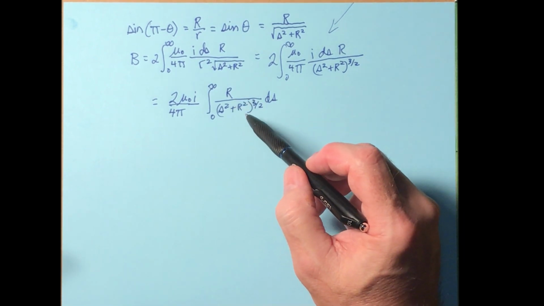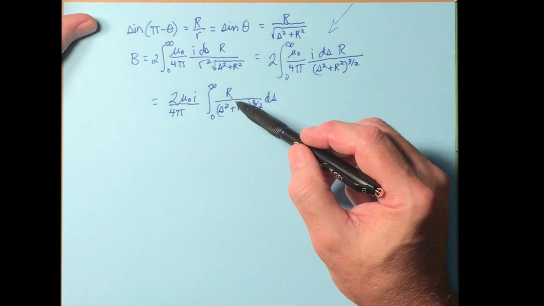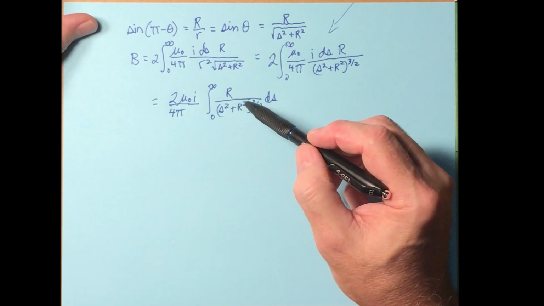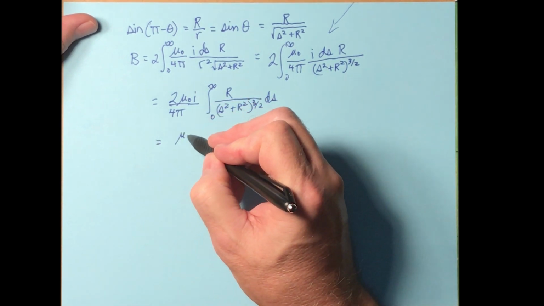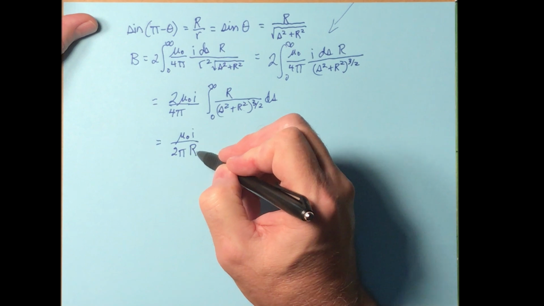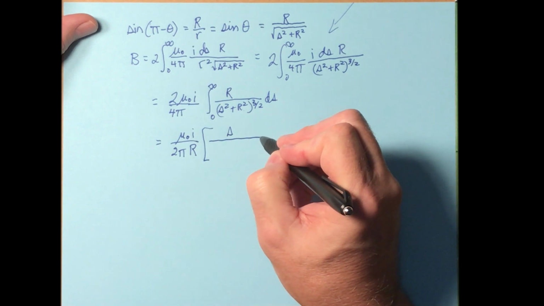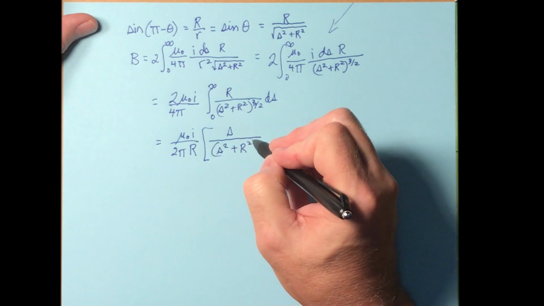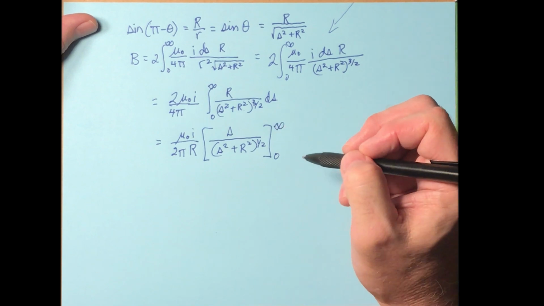I left the big R in there because it's also on the bottom here, and if you go to an integral table and look it up, oftentimes you'll find it in this form right here. I'm not going to work the integral, I'm going to jump straight to the solution. When you integrate it, you end up with mu naught I over 2 pi big R, that comes out of the integration, multiplied by s over s squared plus big R squared to the 1/2 power, and now you evaluate that from 0 to infinity.